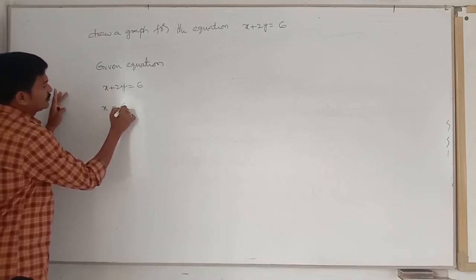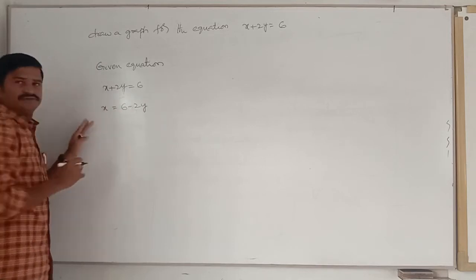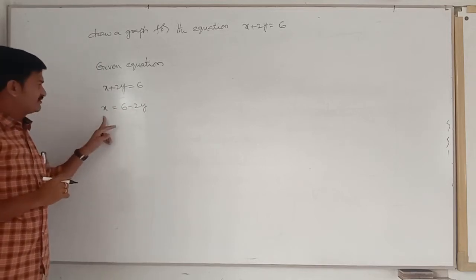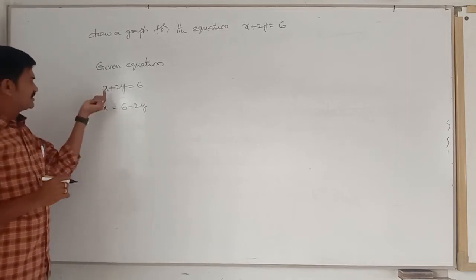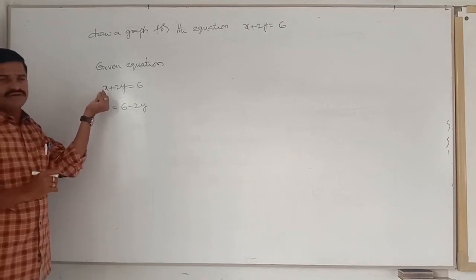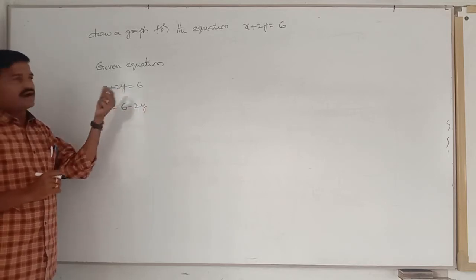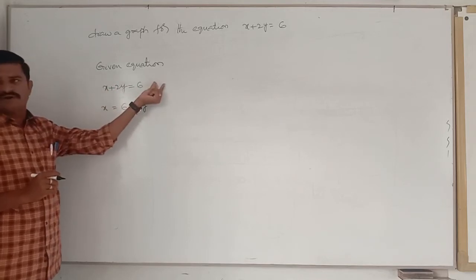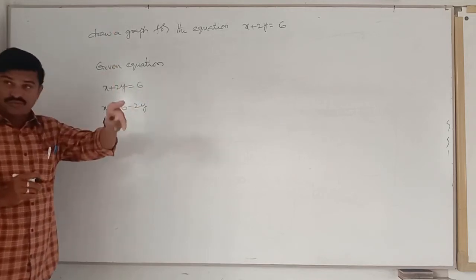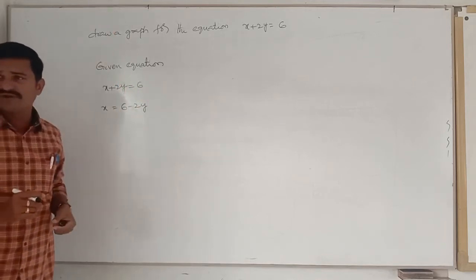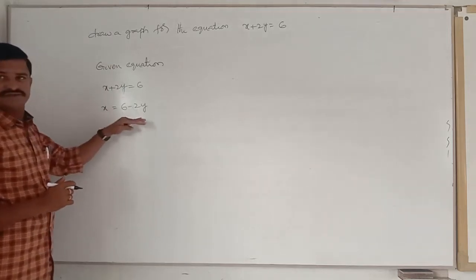Then x equals 6 minus 2y, because there is no coefficient of x, so I send the 2y to the other side simply. Or else you can send x also to the other side, no problem; then y is equal to 6 minus x by 2, but that is a more difficult manner. So I did it like this.